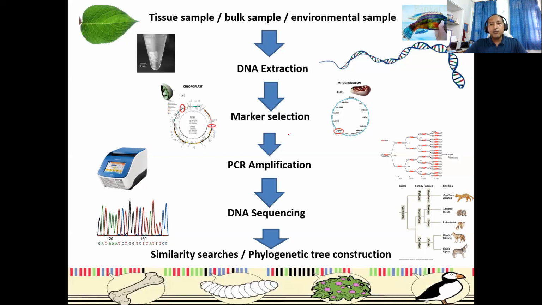With your sequence as a query sequence, you can search for similar sequences in GenBank database. And GenBank will tell you what is the extent of similarity and with which sequence your sequence is similar. Or in the next stage, you can go for phylogenetic tree construction to identify the species. So this is the overview of the methodology used in DNA barcoding studies.